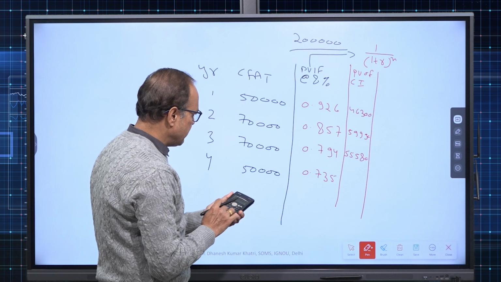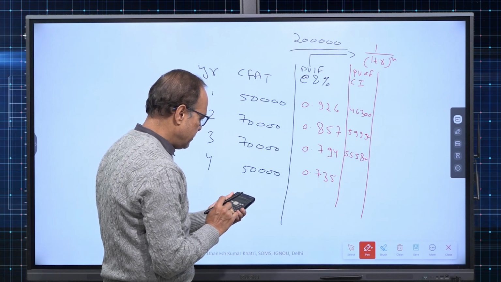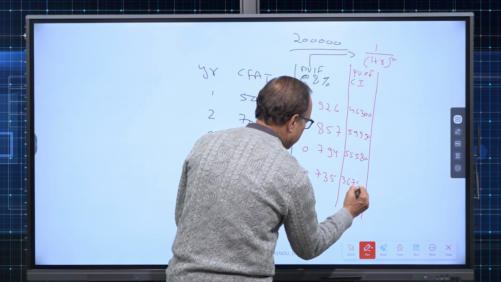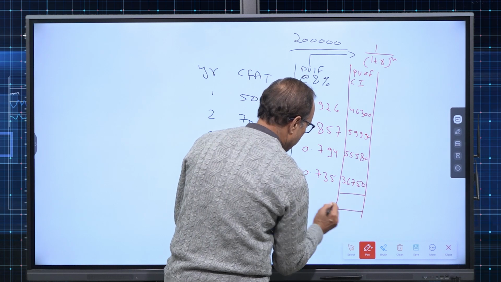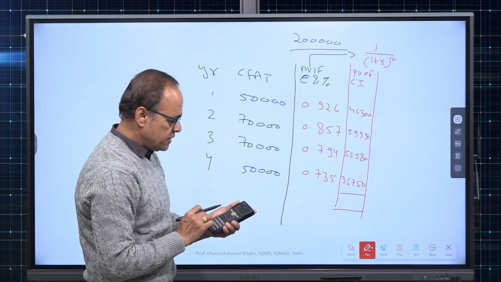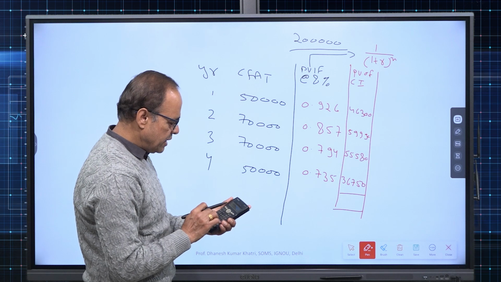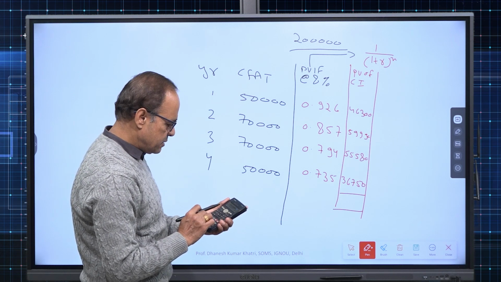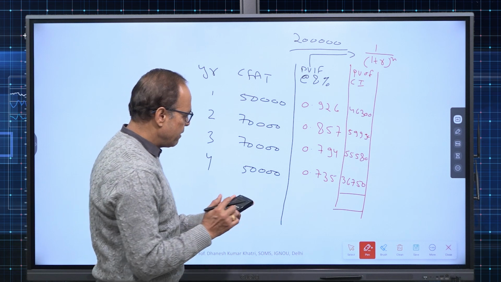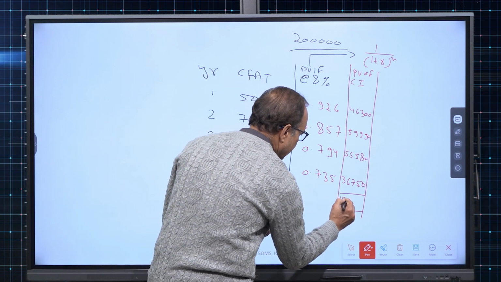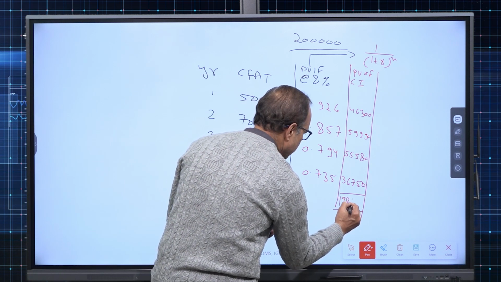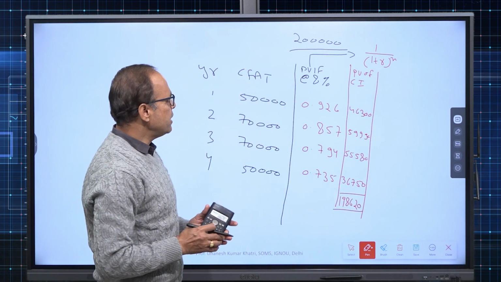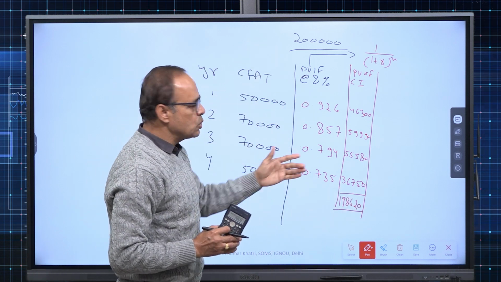Then 50,000 multiplied with 0.735, 36,750. Make a sum total of that. 46,300 plus 59,990 plus 55,580 plus 36,750. We get 1,98,620. It means we are just below 2 lakh.